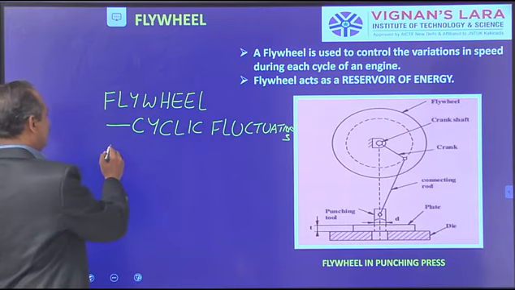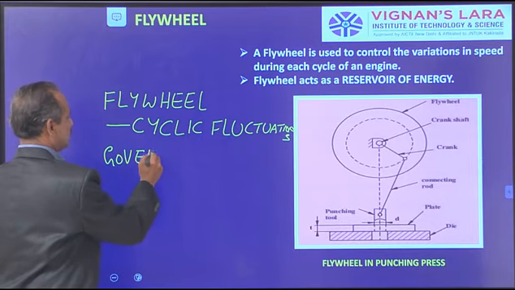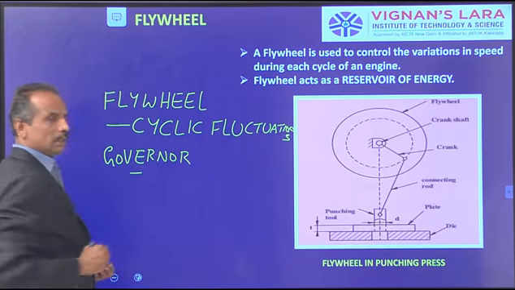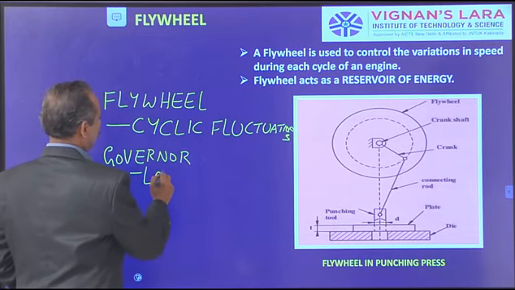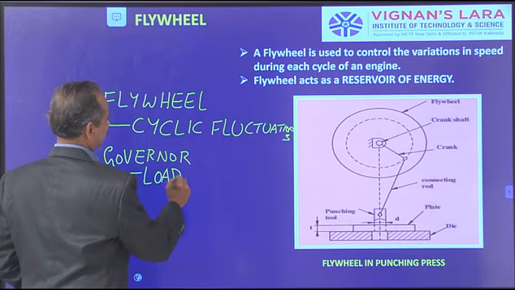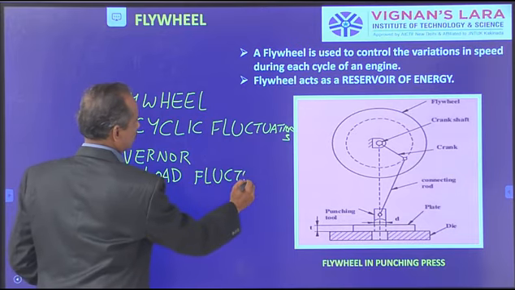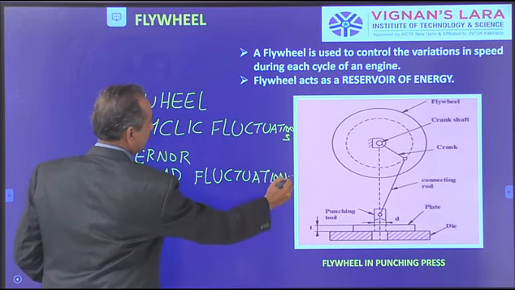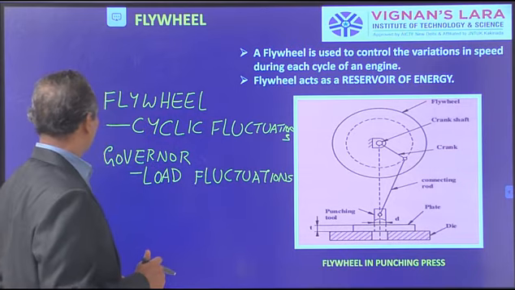As I said, governor, I am not dealing with in detail this part, I am just giving the hint. Governor will take care about load fluctuations. Load fluctuations, that is the basic difference between a flywheel and a governor.